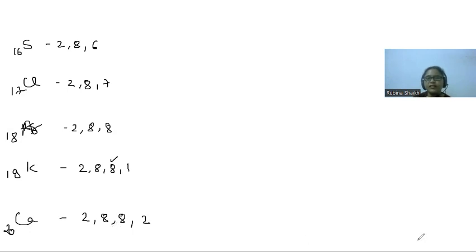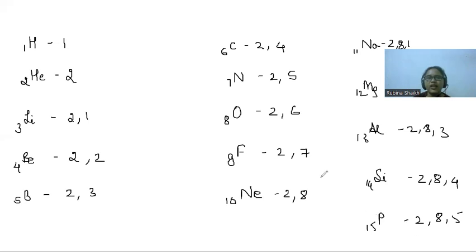Now we will see the valency. Today in this lecture, we will see two things: how to write the formula by the criss-cross method, and the valencies. Valency is the combining capacity of an atom of an element. If the atom combines with another atom, it can do so by gaining electrons, sharing electrons, or giving electrons.